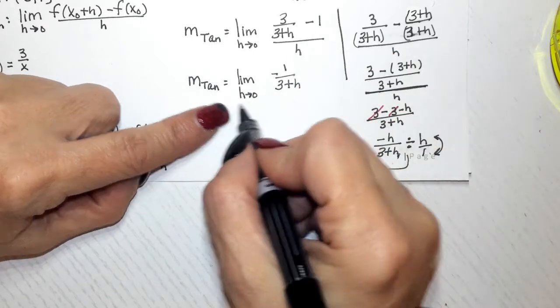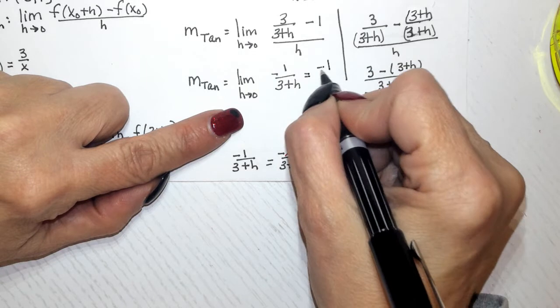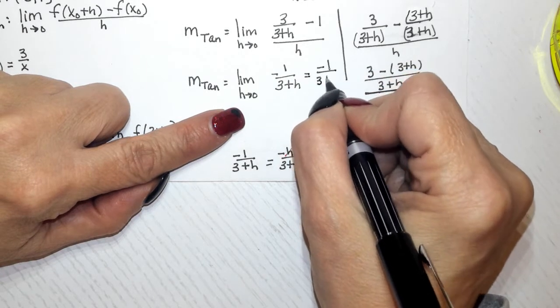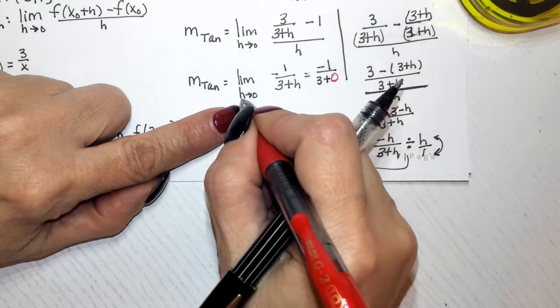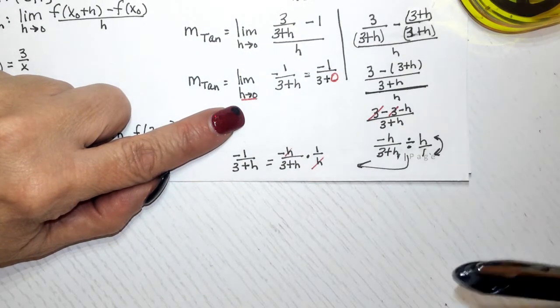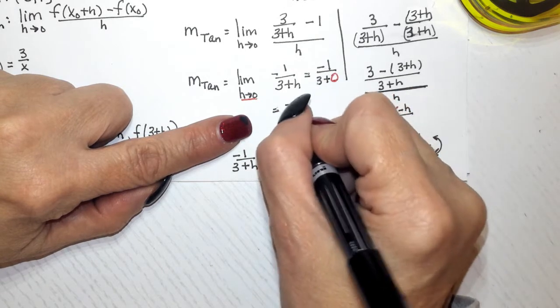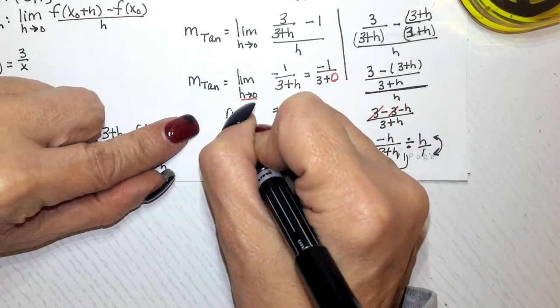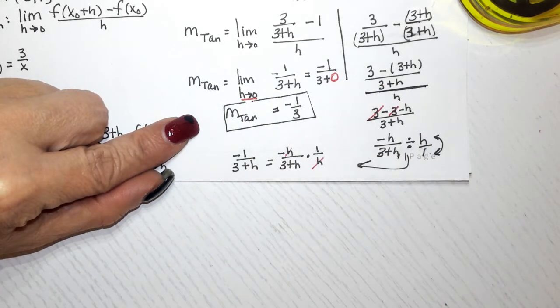So I can say this equals negative 1 over 3 plus 0, because I can put the 0 there. Well, that means negative 1 over 3 plus 0 is negative 1/3. That means the slope of the tangent line is negative 1/3.